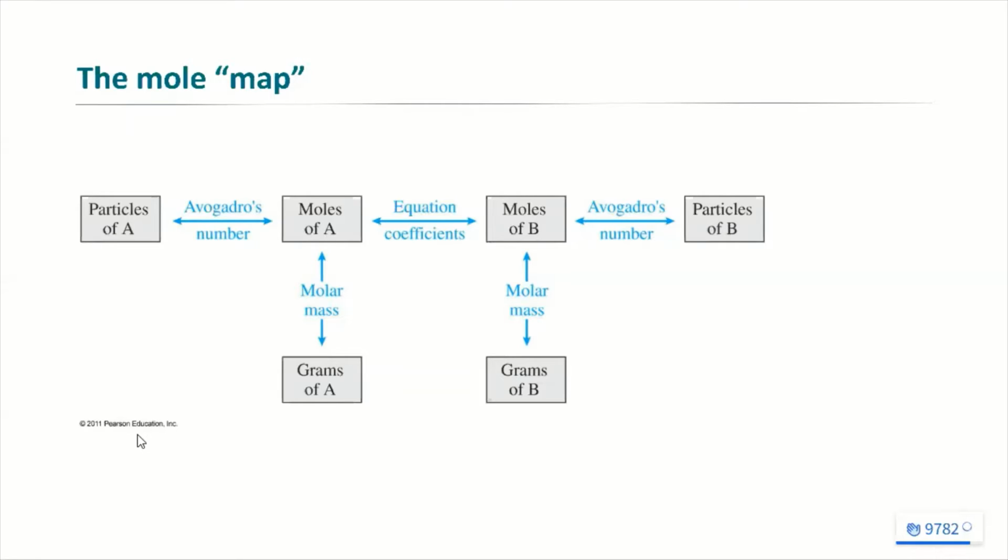So this mole map is an organizational chart, just like the chart in chapter 2. If you got use out of that chart, this is more or less the same kind of idea, just tying together those concepts.